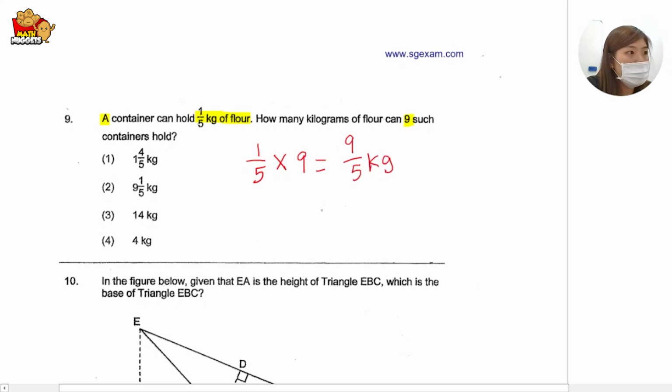To change this from an improper fraction to a mixed number, it will be 1 4/5 kg, and this gives you option number 1.